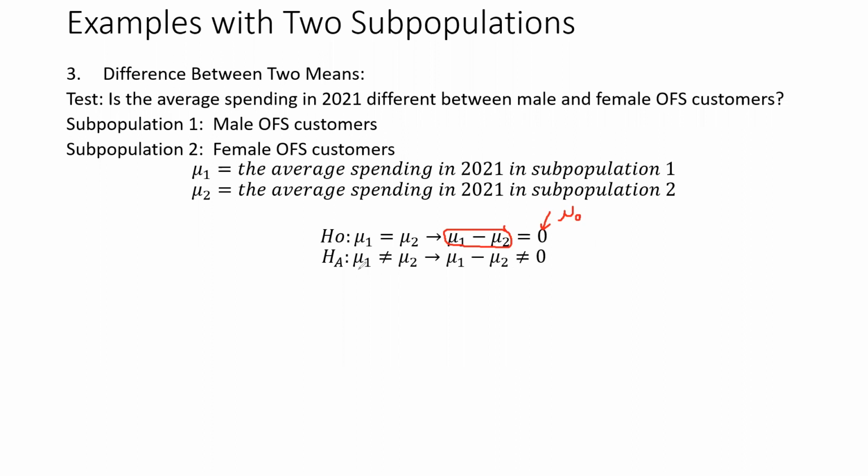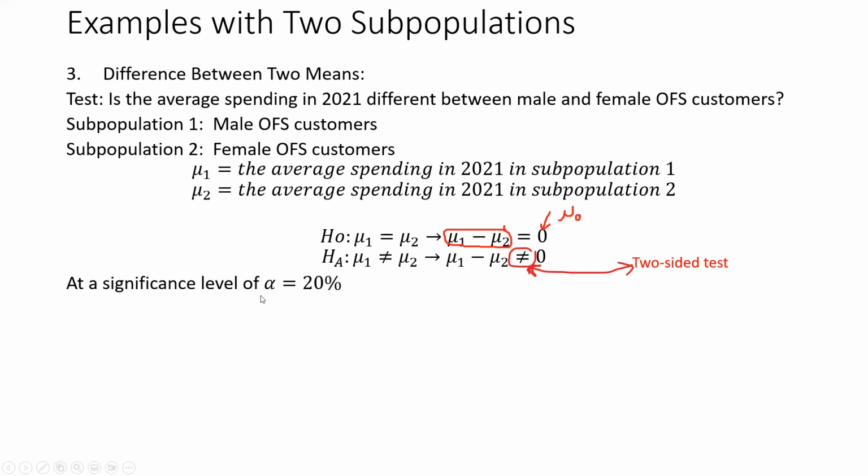Okay, and then we do the same thing in the alternative. We subtract mu2 from both sides, and we say now we want to test if that difference in the means is different from 0. And the fact that it's different from 0 is telling us that it's a two-sided test.